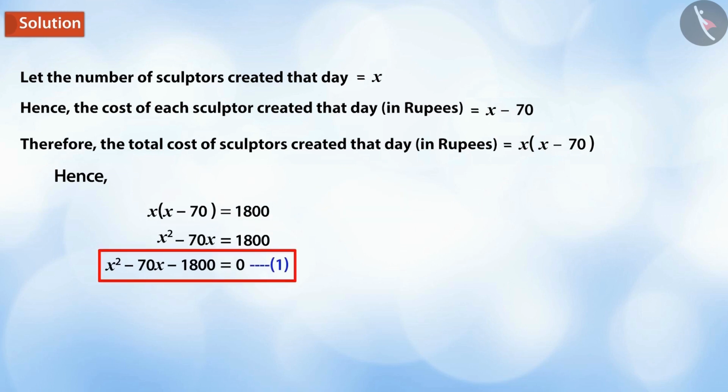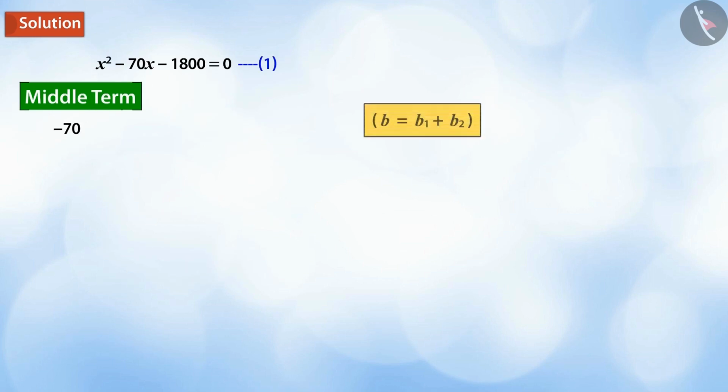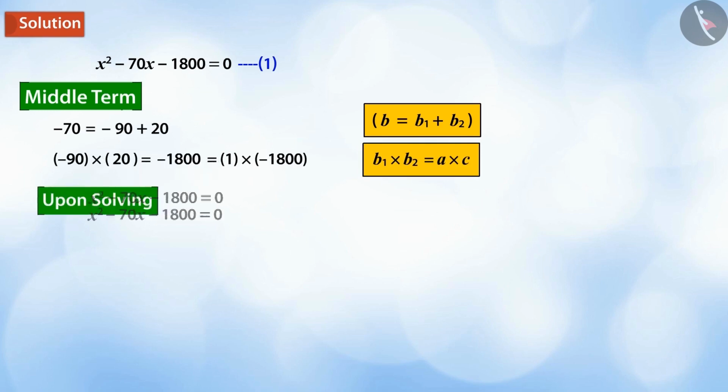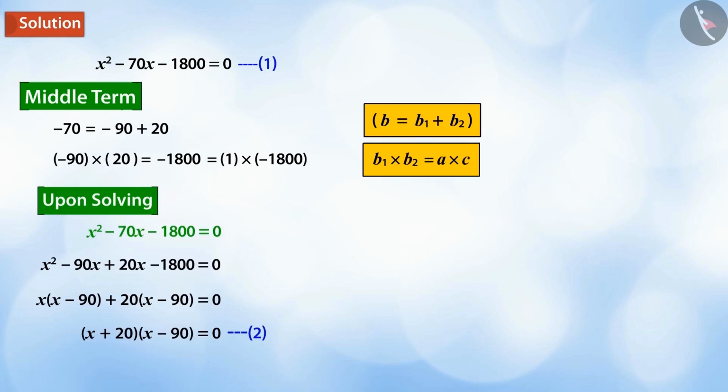With the help of the above information, let's solve the quadratic equation further. Let's break the middle term of the equation, minus 70x, in two parts as minus 90x and plus 20x. Therefore, on solving the quadratic equation x squared minus 90x plus 20x minus 1800 is equal to 0, we can write the equation as a product of its factors, x plus 20 and x minus 90.